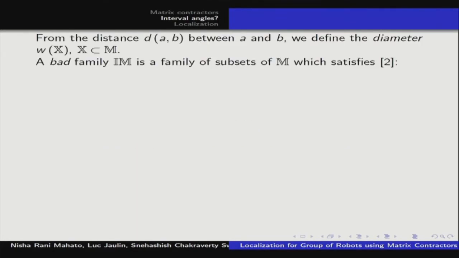Okay, so as soon as we are able to define the distance, we are able to define the diameter, and we'll need this to define what we call generalization of boxes. So we call it here a BAD, which means bisectable abstract domain, because we need to bisect them, and it corresponds to boxes.